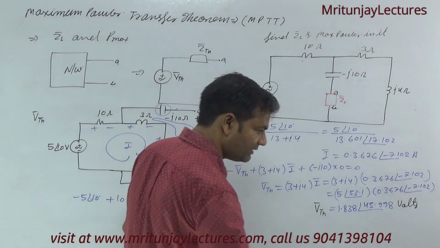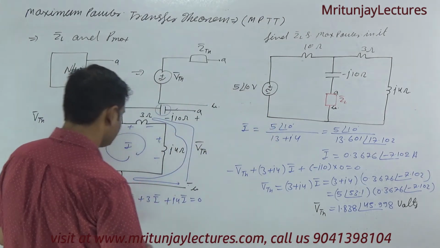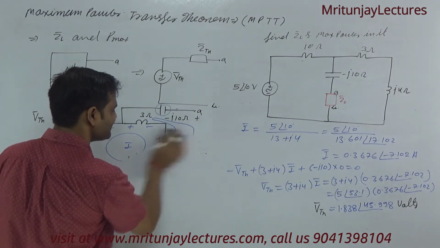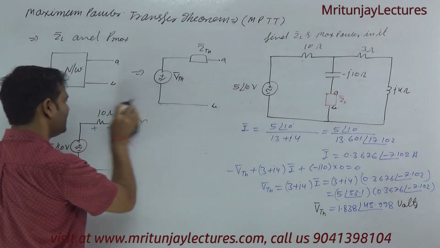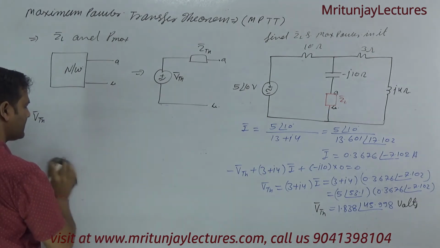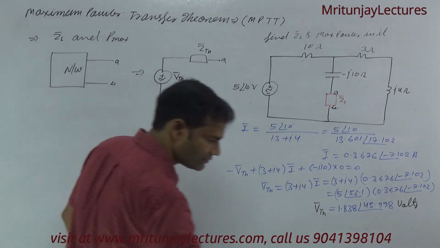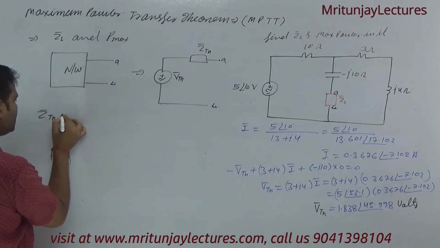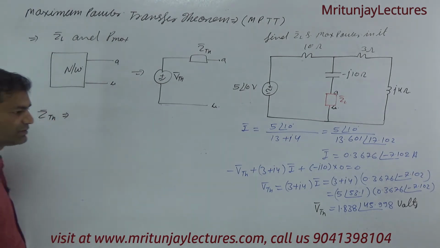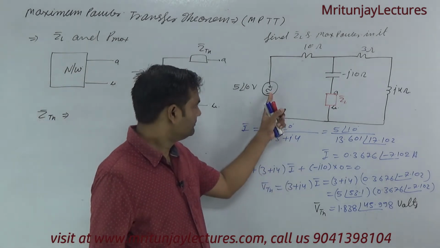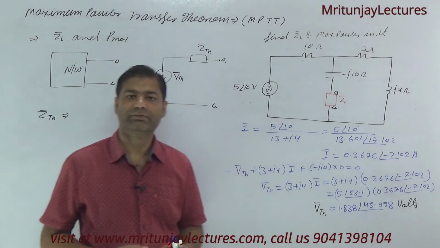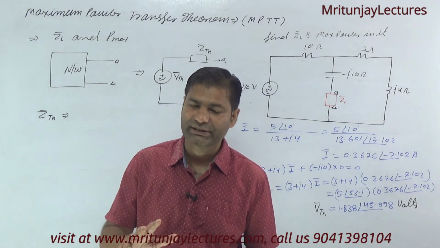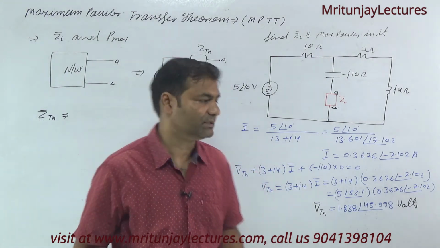How can we determine ZTH? First of all, remove this source. The procedure: if you determine ZTH, all independent sources are reduced to 0, meaning voltage sources are short circuited and current sources are open circuited.